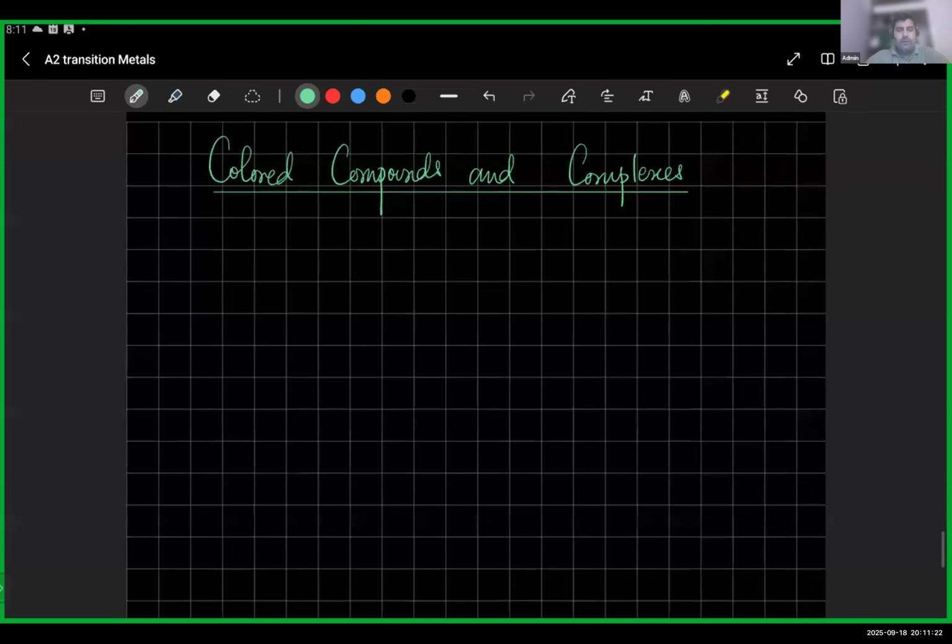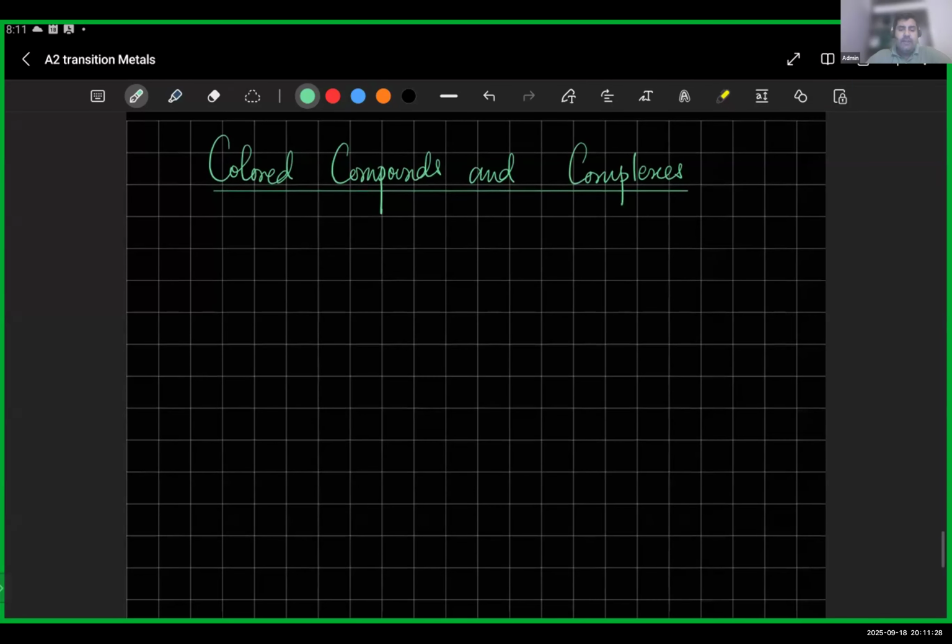Before we talk about colored compounds, we need to understand what a complex is.